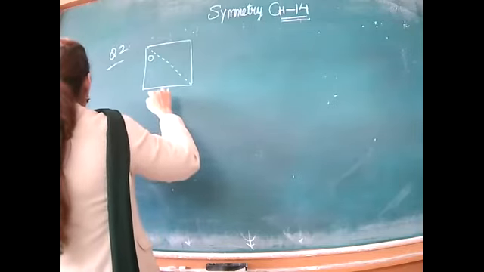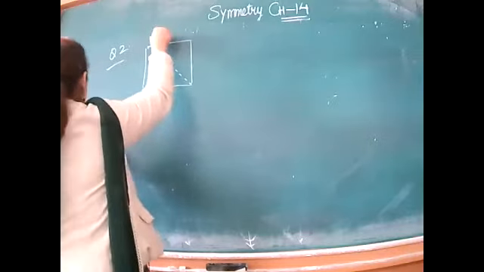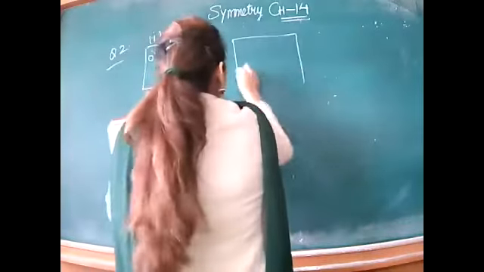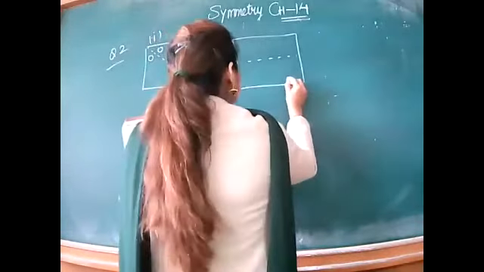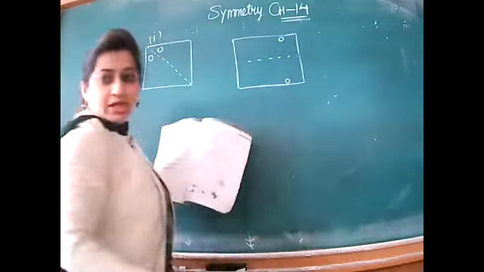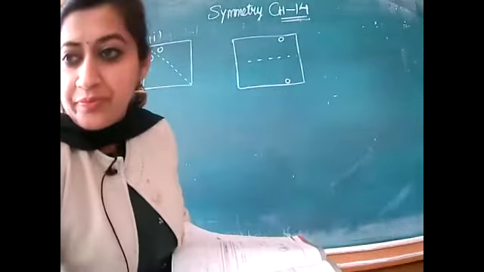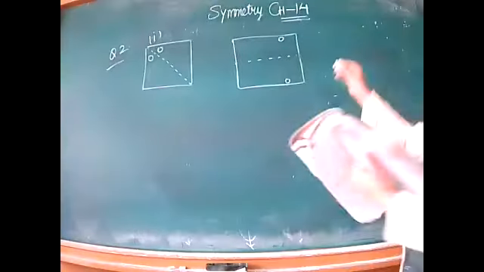You are told to find the other hole. The other hole will come here, that is the first part. You have this square. This is the line of symmetry. If one hole is at this point, the other hole should lie on this. Okay, complete the question.